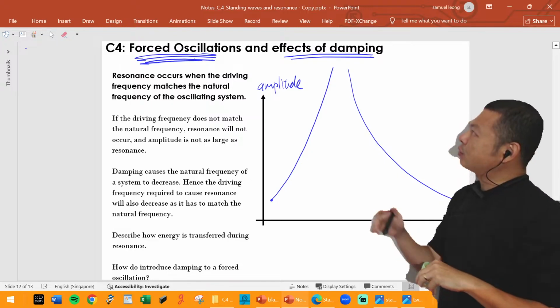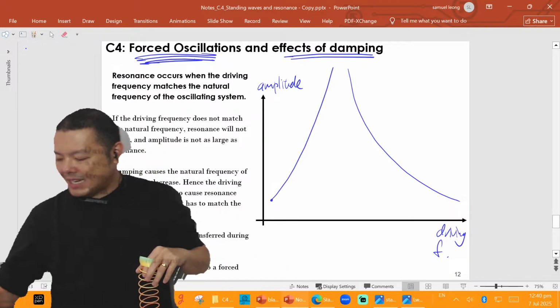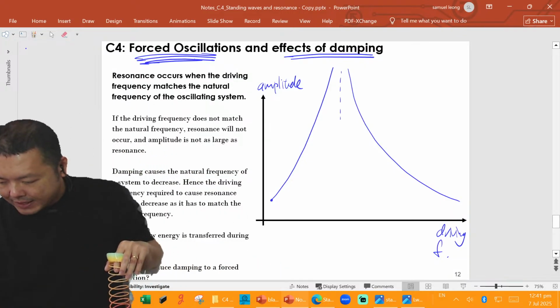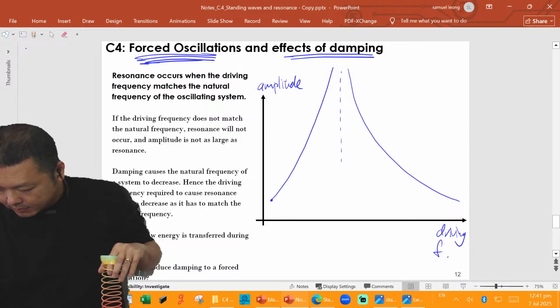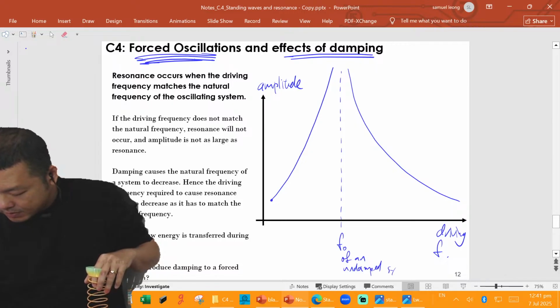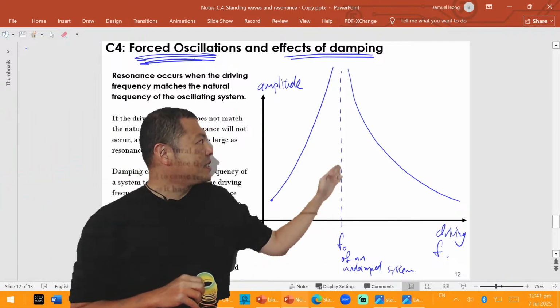Resonance happens somewhere at the peak there, because resonance is the maximum amplitude possible. So when you draw it back down, this will be f naught of an undamped system. This would be the natural frequency of an undamped system.